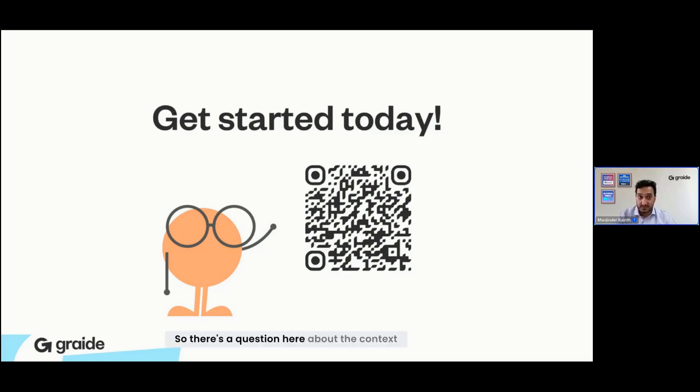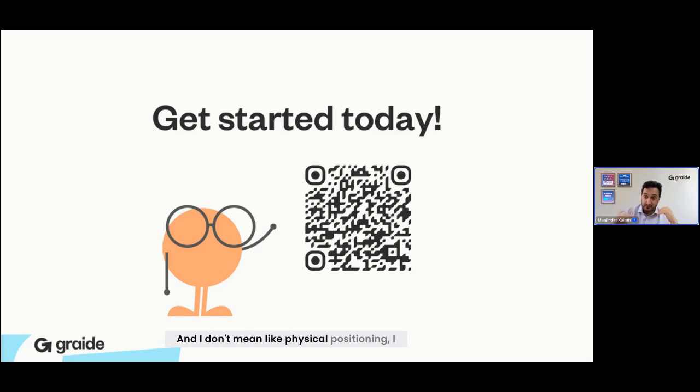So there's a question here about the context window for the work that's being reviewed. What we do is, the context window for us is each selection of your annotation. The text that you physically select is the thing that's being processed alongside the contextual positioning of that.